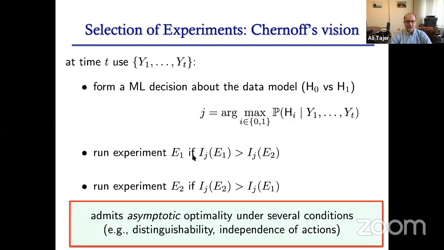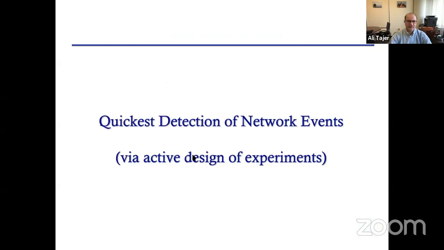Now I've given the overview of sequential detection and selection of experiments, or sequential design of experiments. Now let's see how these two merge together in detecting anomalous events over networks.